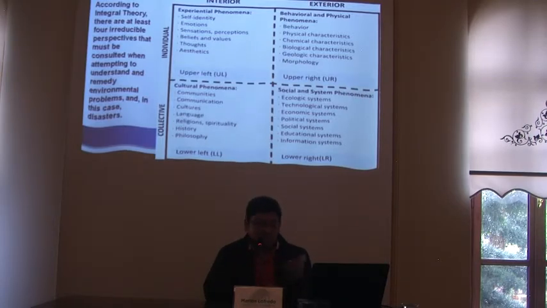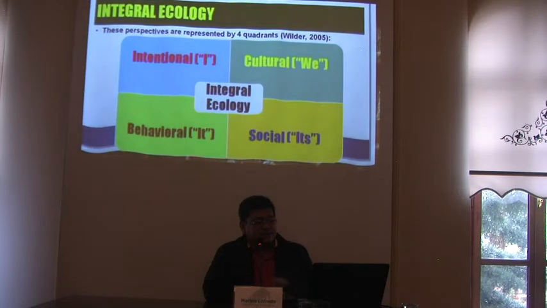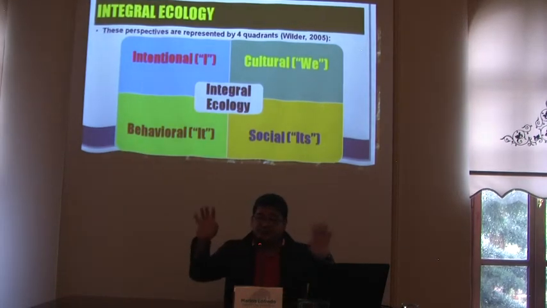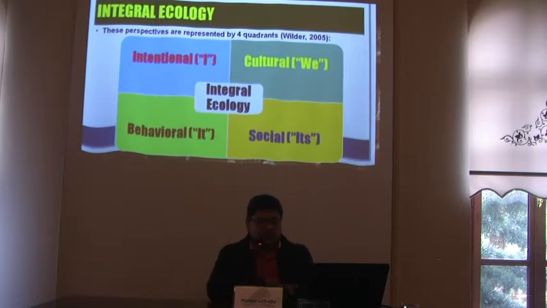So before we go to a particular disaster area, you have to consider different aspects of their experience. These perspectives are represented by 4 categories according to Wilber in 2005. You have the intentional I, the cultural we, the social it, and the behavioral it.